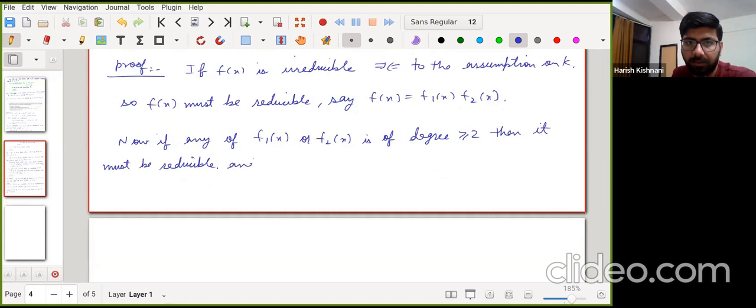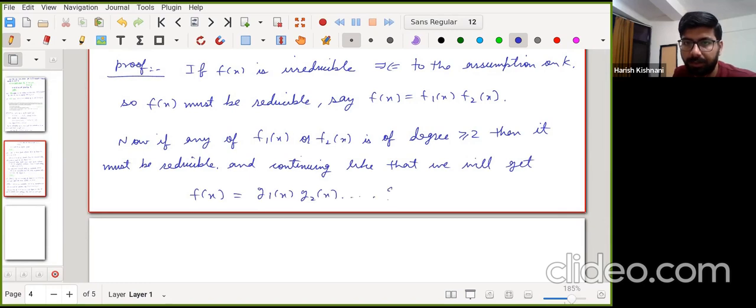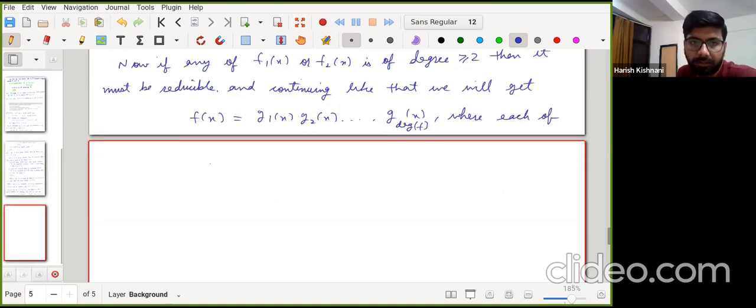And continuing like that, we will get f(x) is some g1(x), g2(x), dot dot dot, g_n(x), degree of f many polynomials, where each g_i(x) is a linear polynomial in K[x].